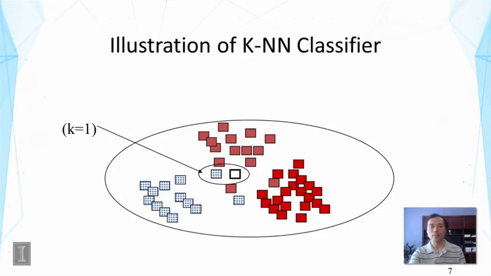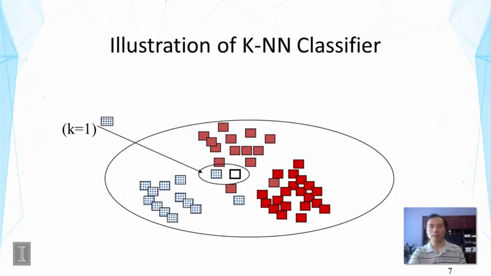Now in this case, let's assume the closest neighbor is the box filled with diamonds, and since this object is in the category of diamonds, then we're going to assign the same category to our text object.